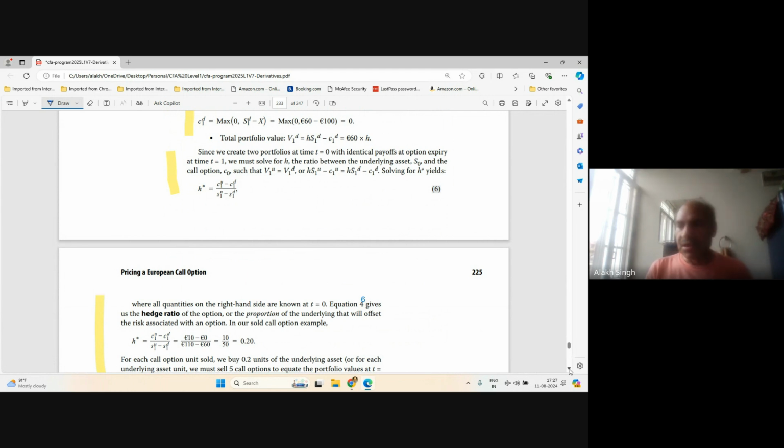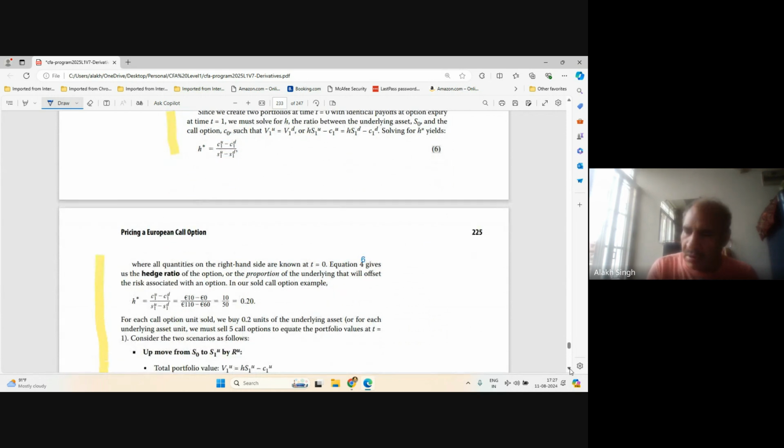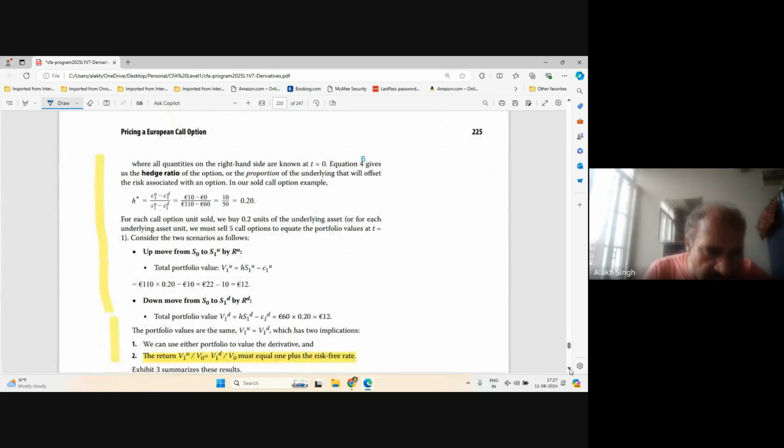If both are increasing, then if we buy one and sell the other, only then will they equal 0. So in order to make them neutral, if the call is bought, then the underlying H times S0 will be sold. Or when the call is sold, H times S0 will be bought to make our portfolio risk neutral. Okay, so H star we calculated.